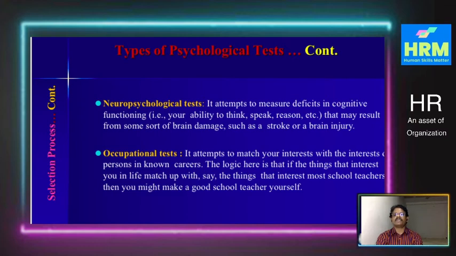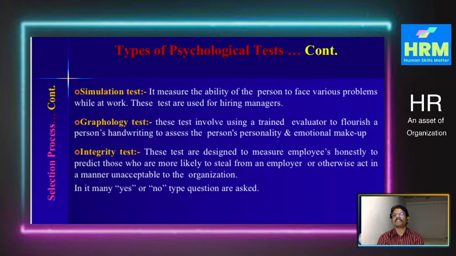The logic is that if the things that interested you in life match up with those of most school teachers, then you might make a good school teacher yourself. So the occupational test is used to find out whether the candidate is interested in the particular task or not, right?